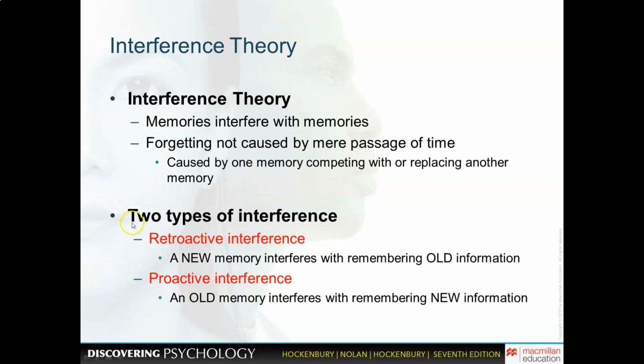Retroactive interference refers to a new memory interfering with an old memory. That's what I just mentioned. But there's also proactive interference, which refers to the scenario when an old memory interferes with new information.